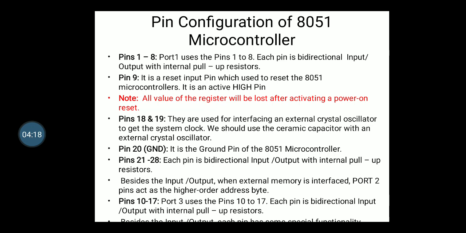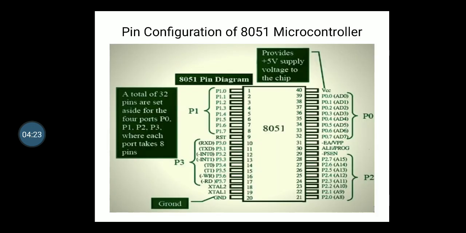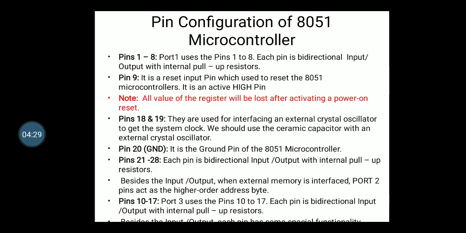Pin number 21 to 28. As I told you, pin 21 to 28 is nothing but your port 2. Each pin is bidirectional input output with pull-up resistor. Besides the input output, when external memory is interfaced, port 2 pins act as the higher order address byte.